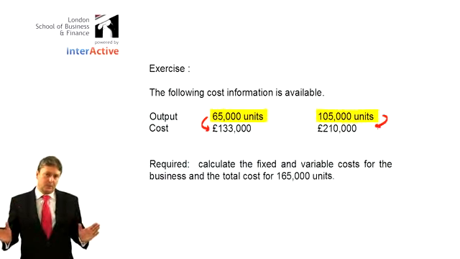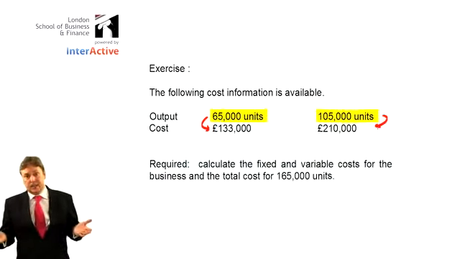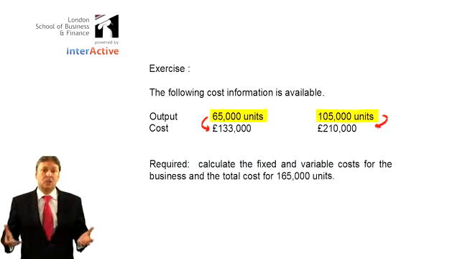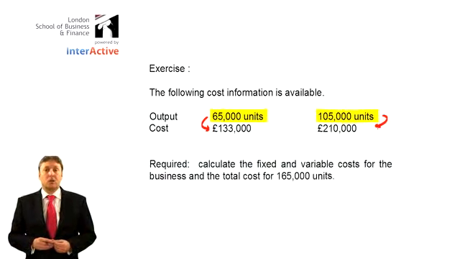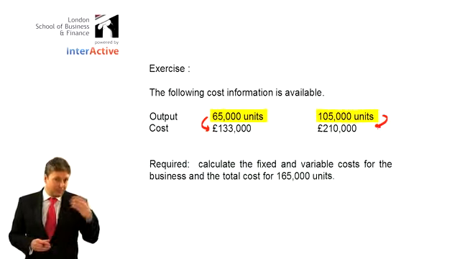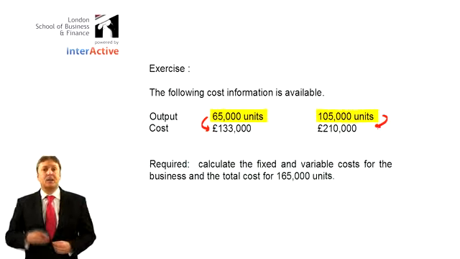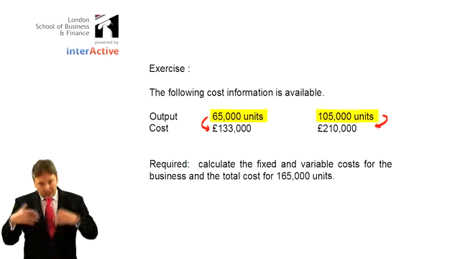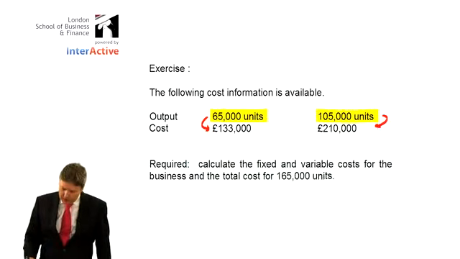If we make that assumption, it makes it very easy indeed to try and understand what the cost behaviours are, i.e. to separate the cost behaviours between a fixed element and a variable element. So let's just go straight ahead and see how we would go about this.